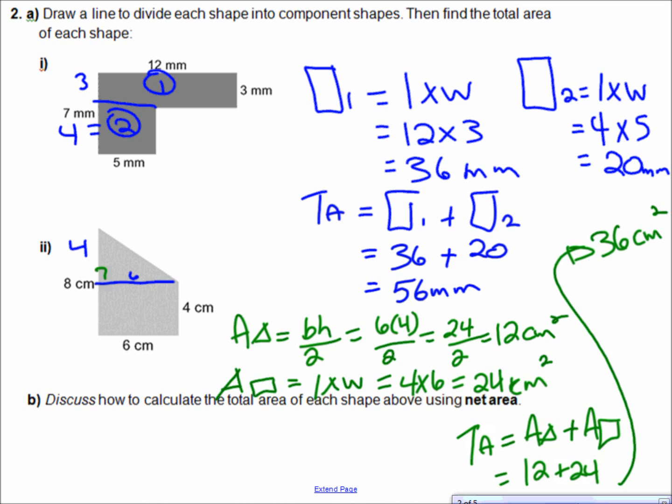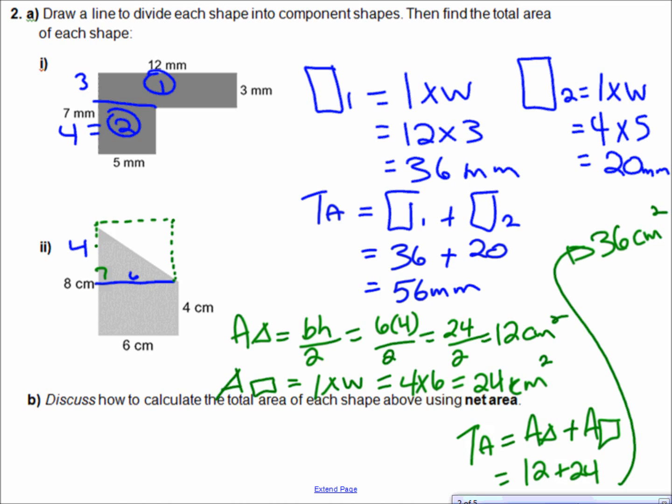Net area is when you draw a big rectangle around it, or a circle around it, or something, and then you subtract the area. So for example here, net area would be if I did this to finish that rectangle, okay? I could calculate that whole rectangle. Do you guys agree?